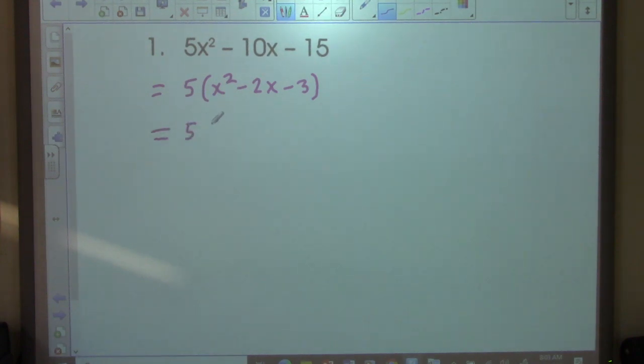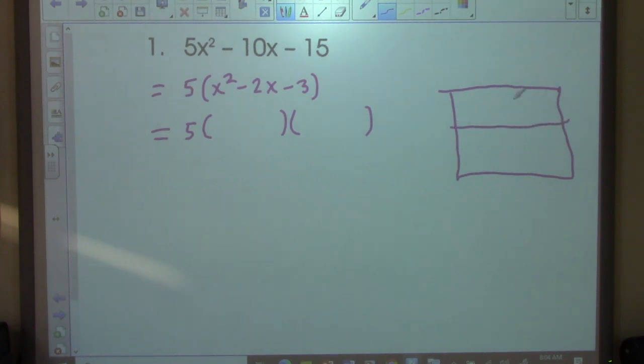And then if you could further factor this trinomial here, we looked at setting it up as a box like we've done in earlier episodes. You come like this, and then you know that x squared is going to go here, and negative 3 is here, and you have x and x. And then you ask yourself, what 2 numbers, when multiplied together, equal negative 3, but added together equal negative 2?